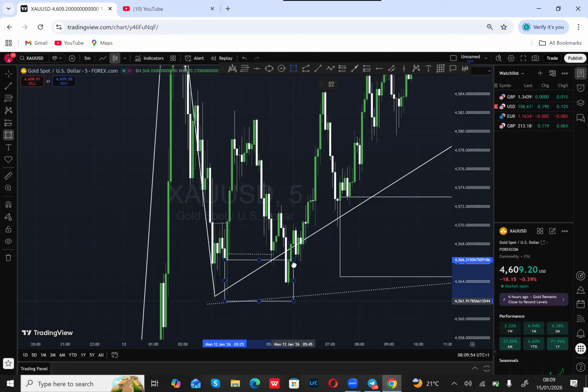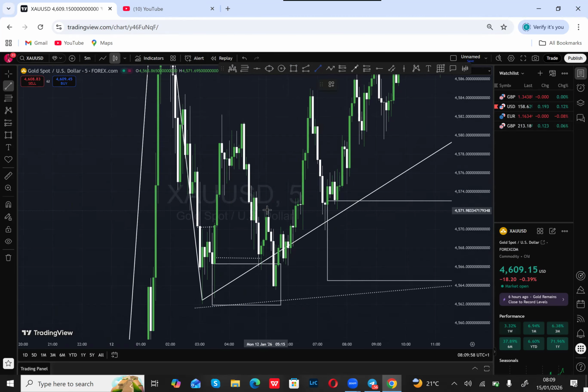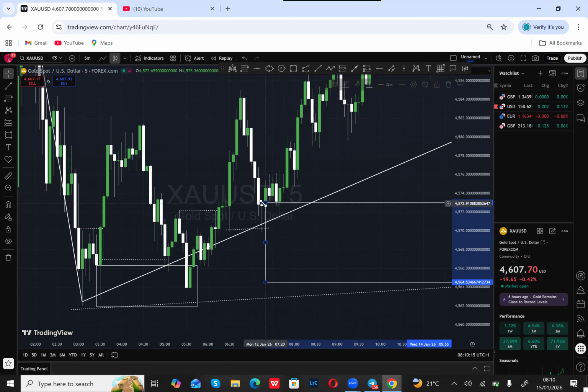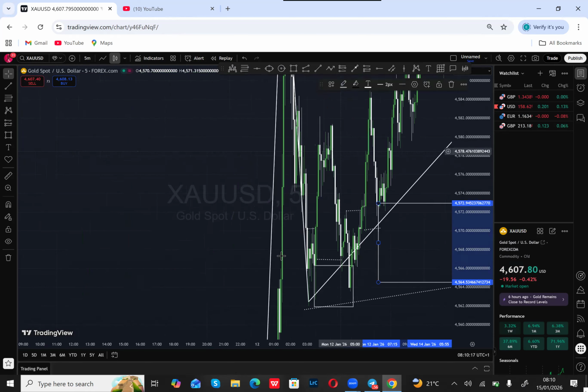From here, there is now a money transfer where we have another change of character here. Price came, gave liquidity, and then an order block where price tapped into, gave another change of character. Let me reduce this.